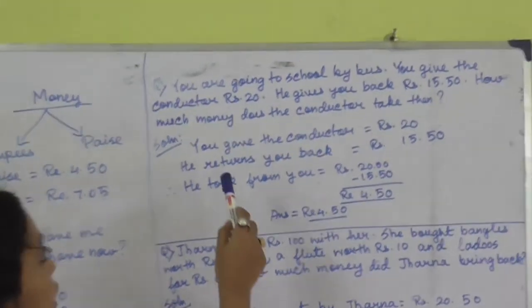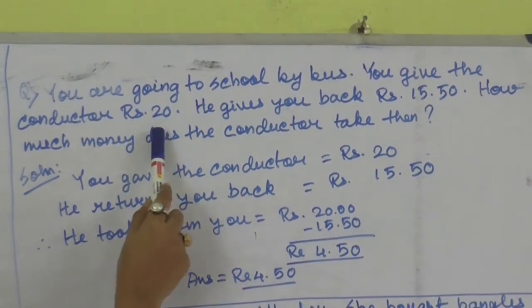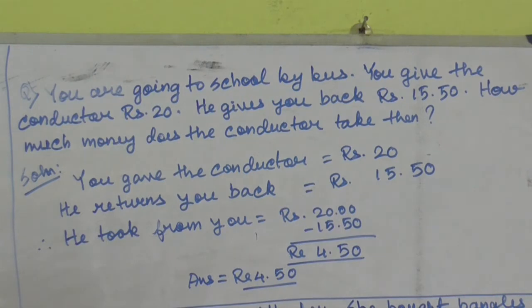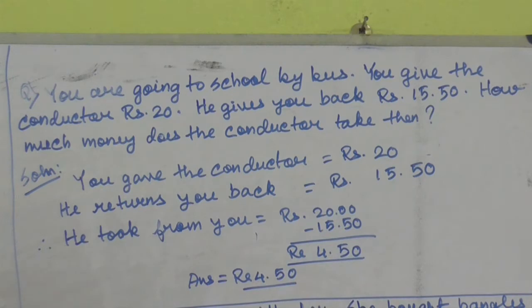Now I am shifting to the next problem. You are going to school by bus. You give the conductor rupees 20 and he gives you back rupees 15.50. How much money does the conductor then take? So what will you do to find the answer?